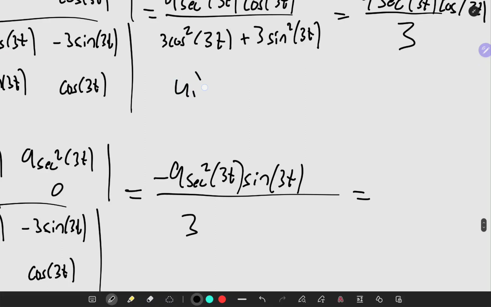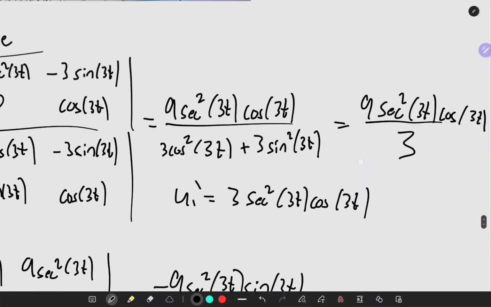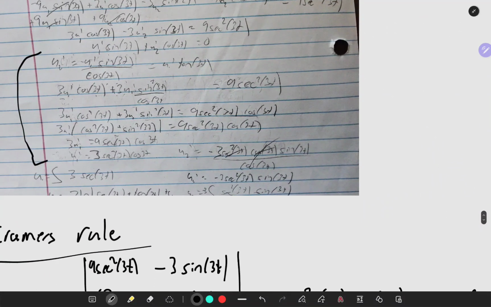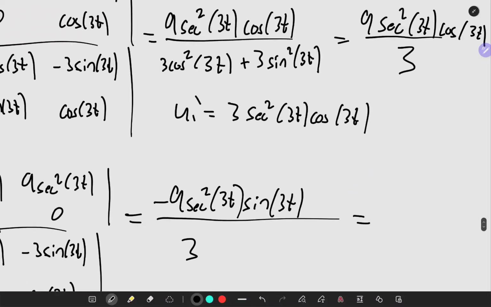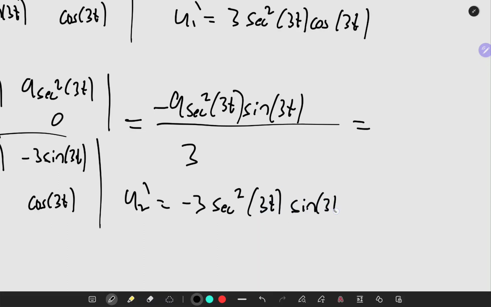So then u1 prime would be, that's what I have, right? That's what I have up here when I did substitution. So then u2 prime is -3 secant squared of 3t sine of 3t. Let me just make sure that's correct. That's what I have. Yep.